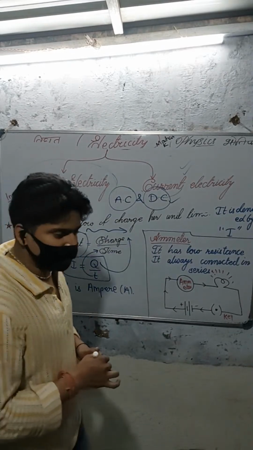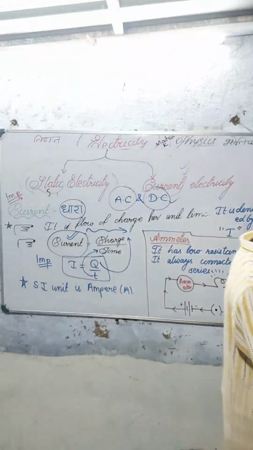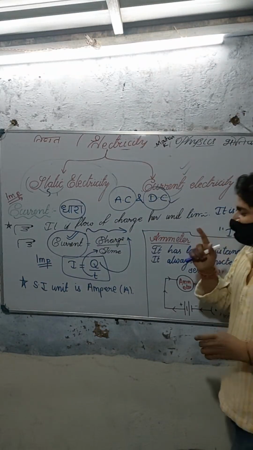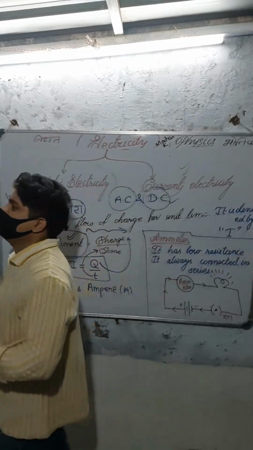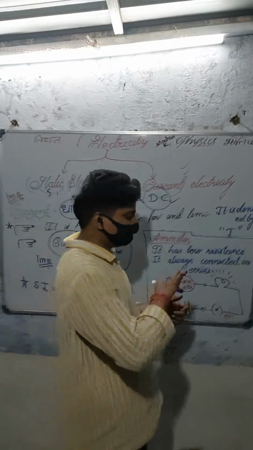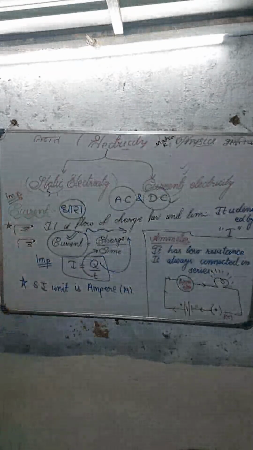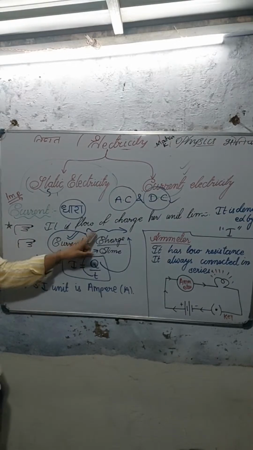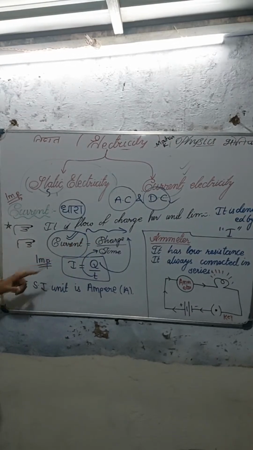Current unit is ampere. Next, open your eyes. So what? Current is equal to what? Charge upon time.